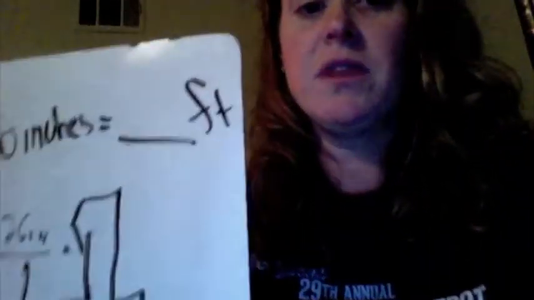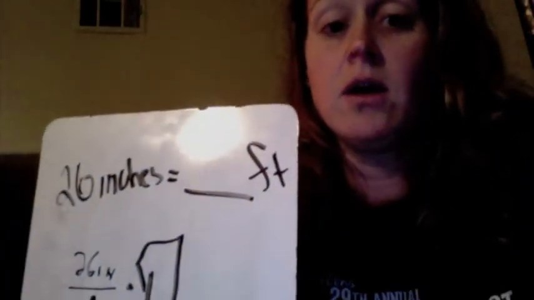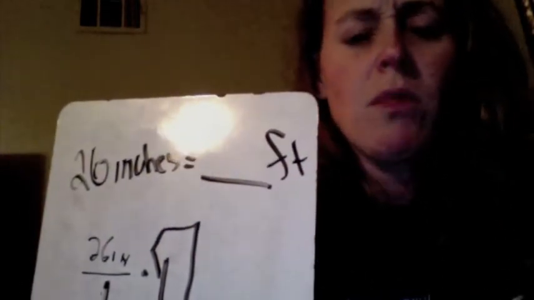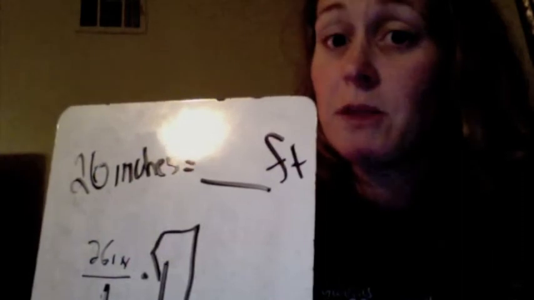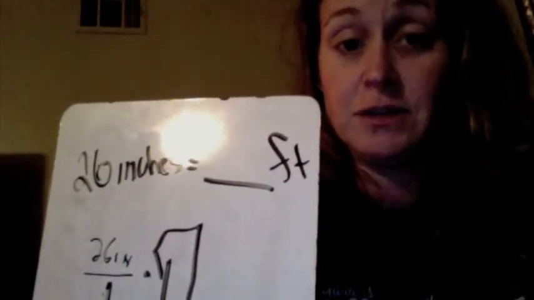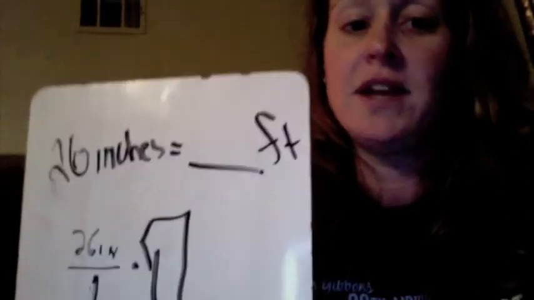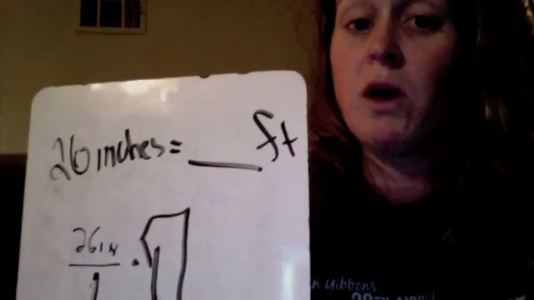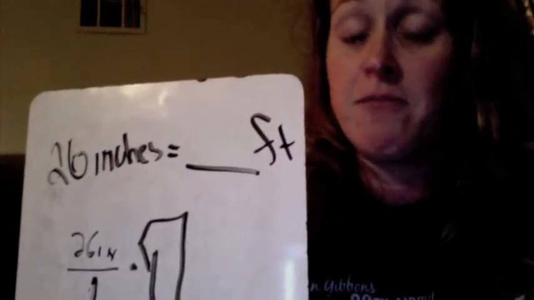Within my magic 1, I need to decide, does the number I'm looking for go on top or the bottom? How many inches are in a foot? We've talked about this before in the beginning example. 12. So I need to decide, is 12 inches going to go in the numerator or the denominator of my magic 1?